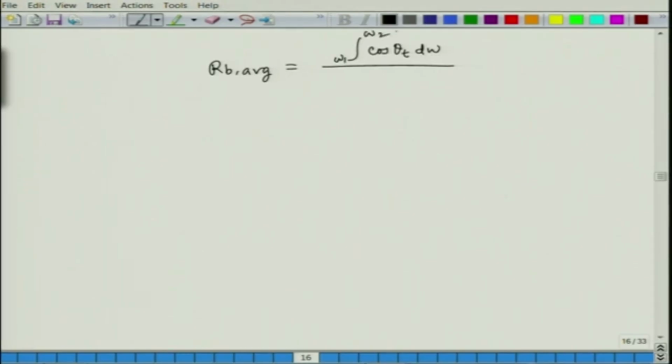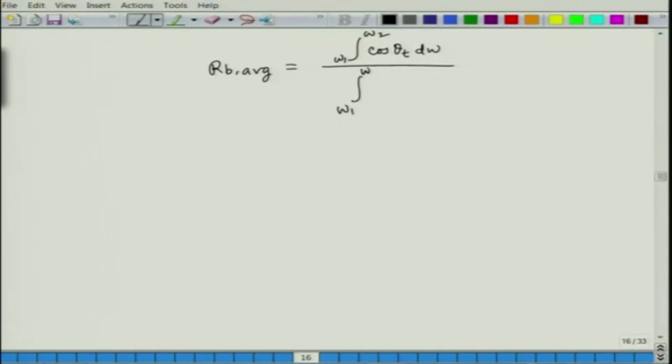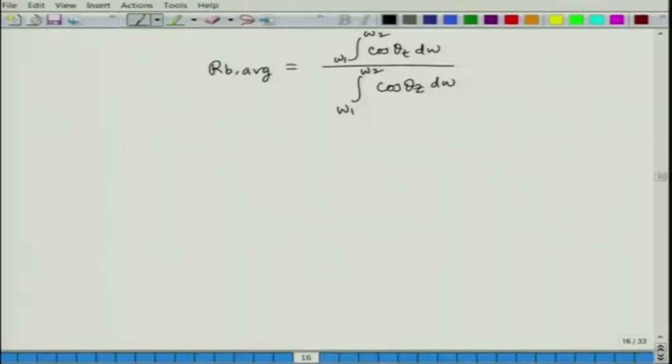So, we integrate the cosine of the tilted plane incidence angle throughout the available period of solar radiation, and we do the same thing for the zenith angle and take the average. Then it is not a single midpoint value, but the average of the whole illuminated hour. That is how we do this.